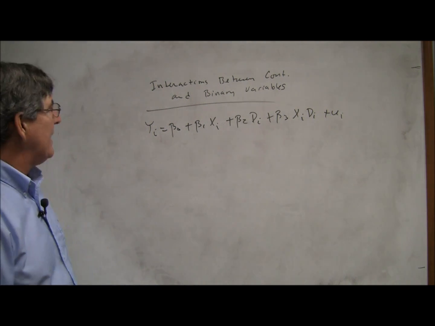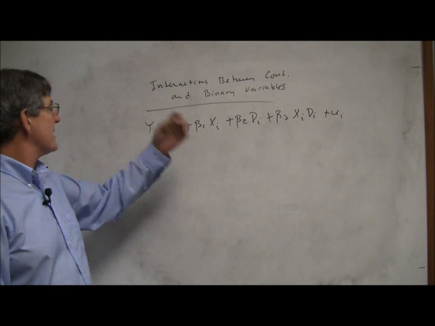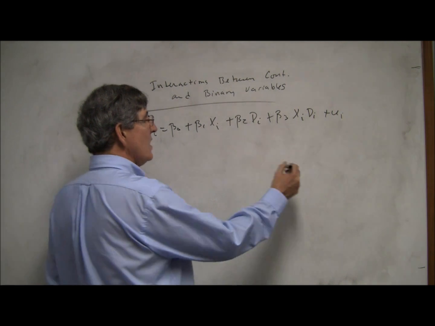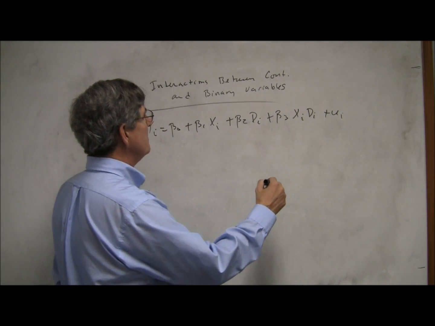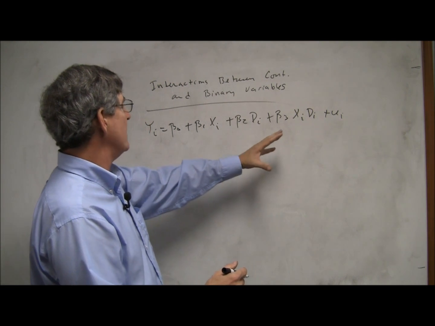Now, the previous model basically just had two different intercepts because there was no slope coefficient, there was no x_i. What this model does is allow for different slopes and different intercepts, depending upon whether d_i, you're a college grad or not.